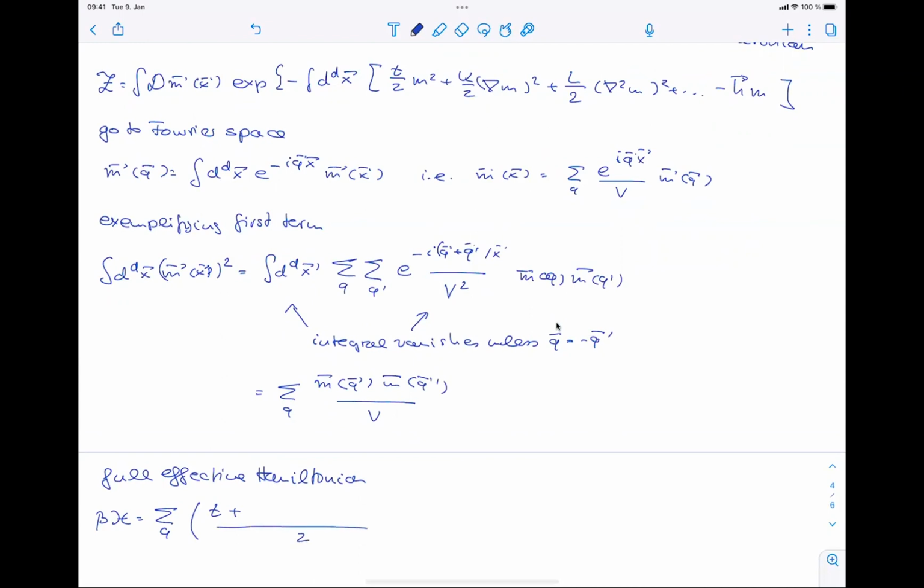Then the second term gives a K. From the derivatives, we get a Q, that's squared, so it's Q squared. And then this next term is an L, it's a second order derivative, so Q squared squared, Q to the 4, and other terms.